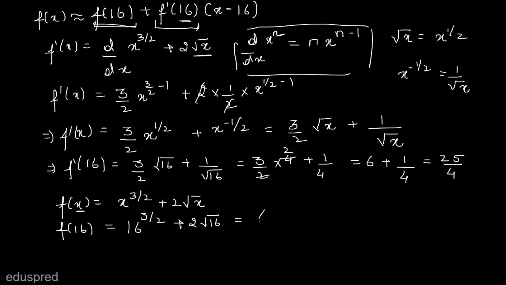So this becomes (4^2)^(3/2) + 2, and √16 is equal to 4. So this 2 and this 2 get cancelled, which becomes 4^3, which is actually 64, plus 2 multiplied by 4, which is equal to 8. So this becomes 64 + 8, which is equal to 72.